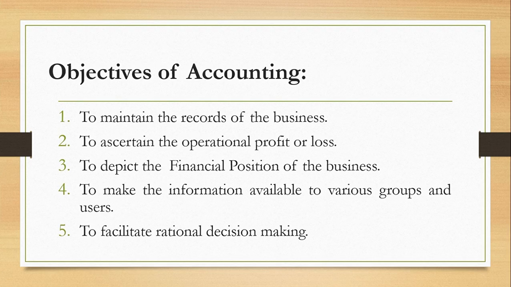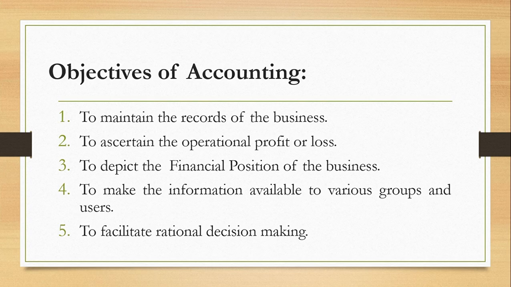So moving on, we talk about the objectives of accounting. There are various objectives which we can talk about here. We can see a few objectives on the screen. The objective is to maintain the records of the business, to ascertain the operational profit or loss, to depict the financial position of the business, to make information available to various groups and users, to facilitate rational decision making.